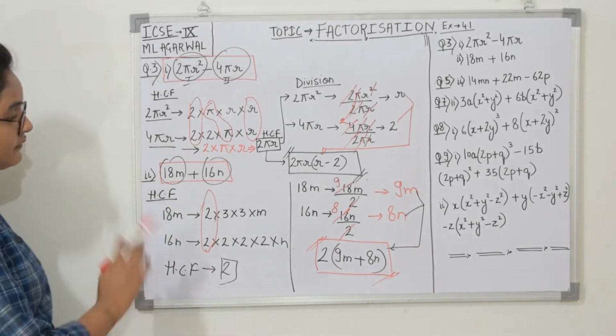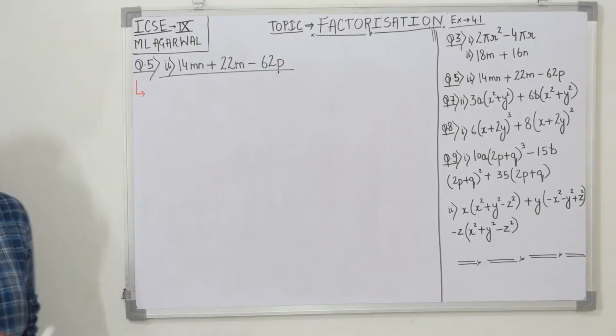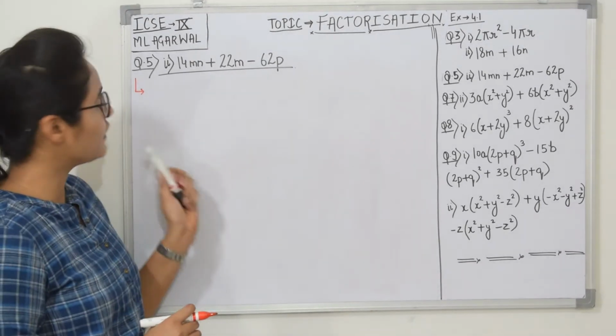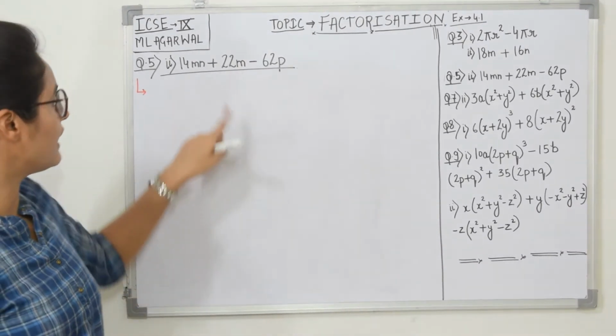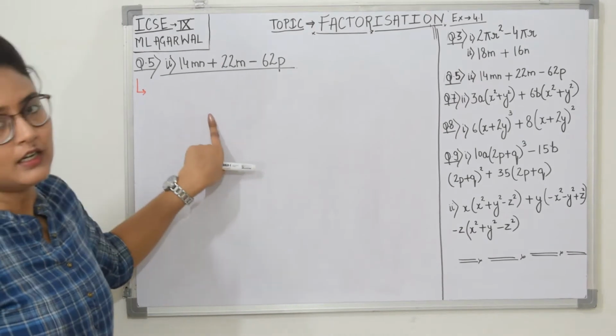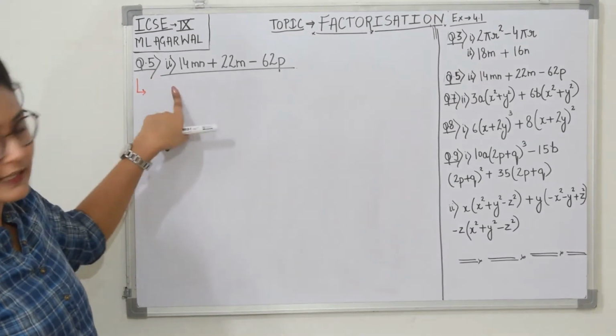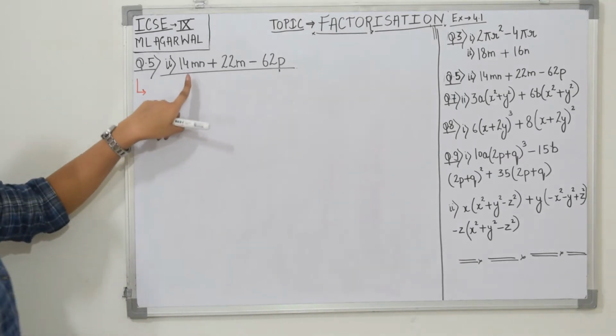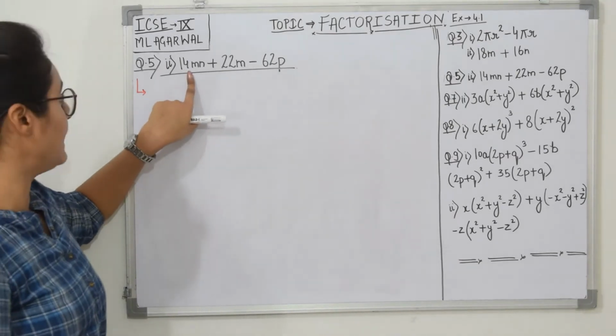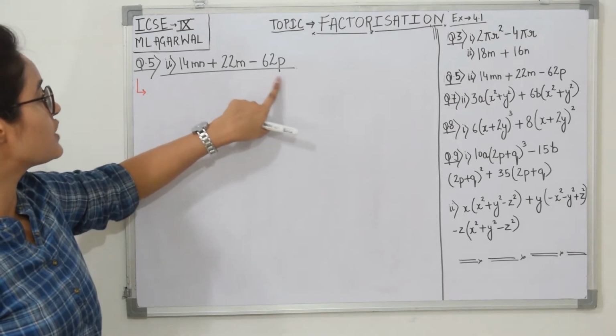Okay. So like the previous question, we were not having any common variable. I have just picked one more question regarding that. This question is basically your question number 5, second part. The polynomial which we are having here is 14mn, 22m, minus 62p.